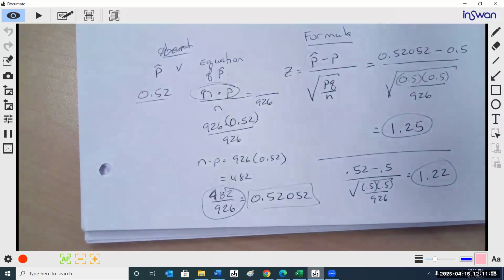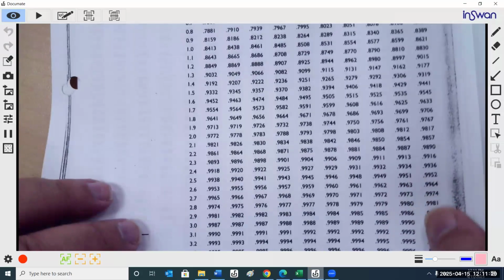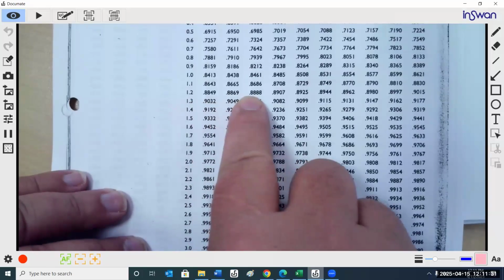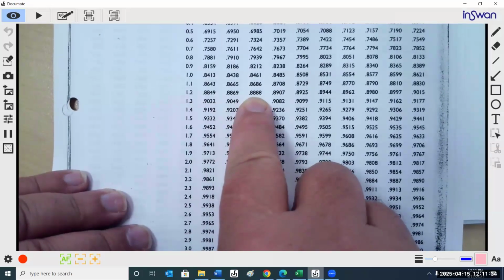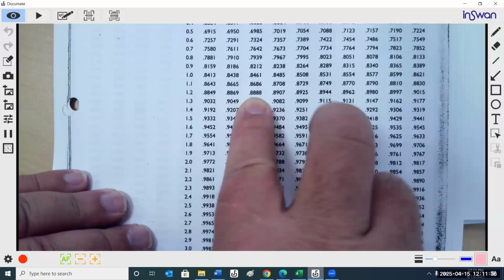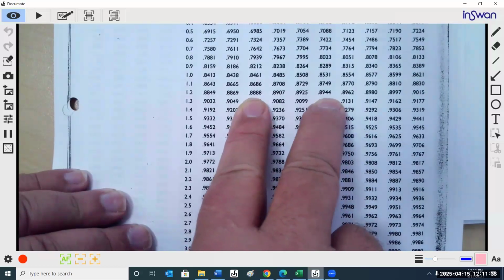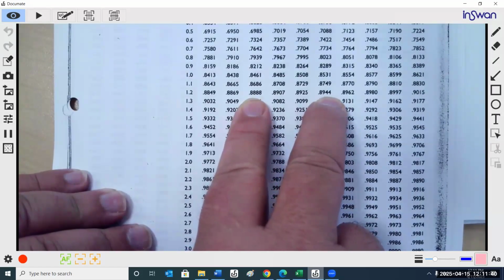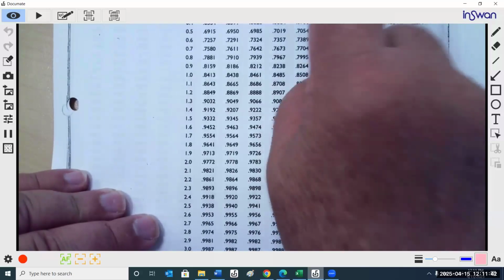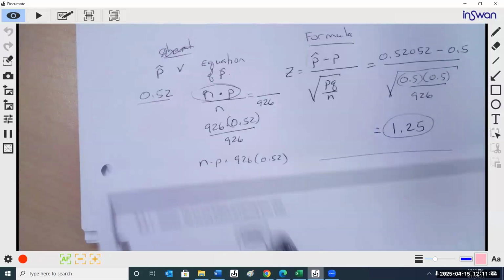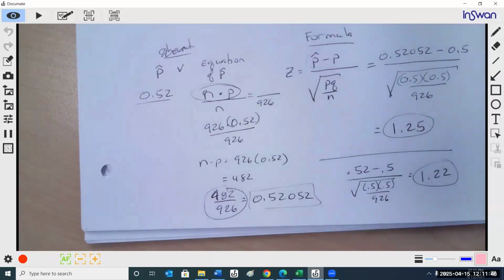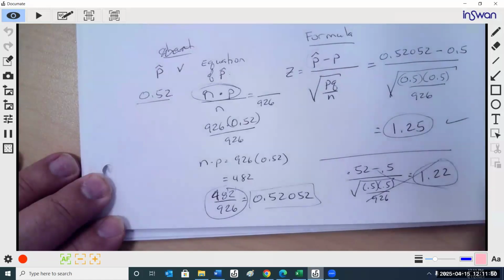Now if we look at our z-score chart, 1.22 is 0.8888. 1.25 is 0.8944. So this one gives us a better chance of making sure that our population value is within our range. So we would not use this one, we would use this one.